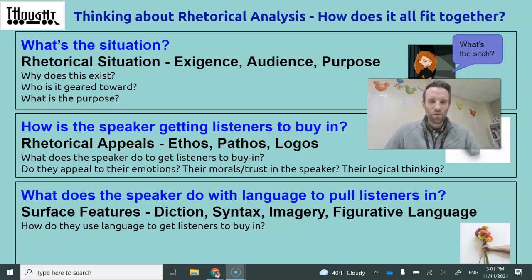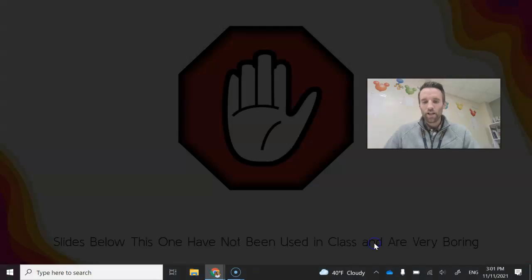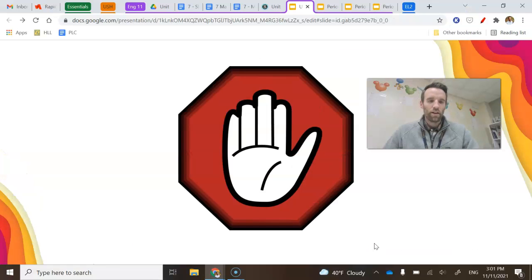Surface features, things that you have to look closely to find. And that's the diction, syntax, imagery, and figurative language. All of it works together. All of these surface features are chosen by the author to achieve the appeal, which then is used by the author to persuade people, the audience, in the situation, exigence that they're writing. It all works together. It's amazing. It's magical. It's rhetorical analysis.